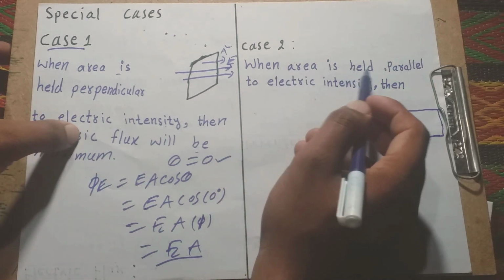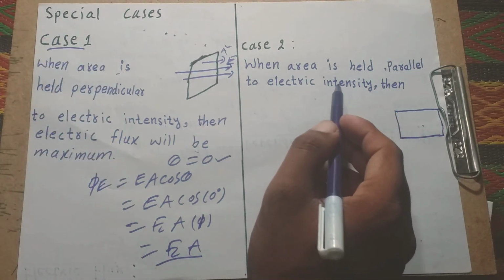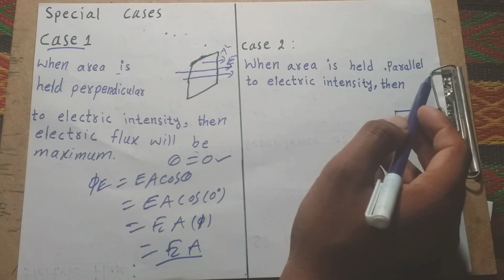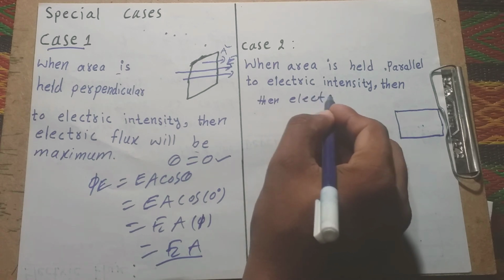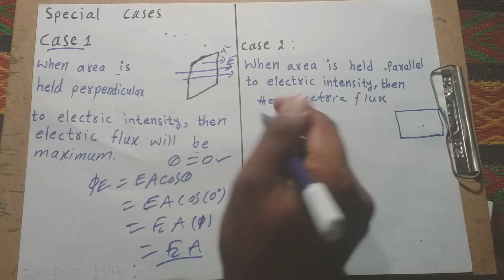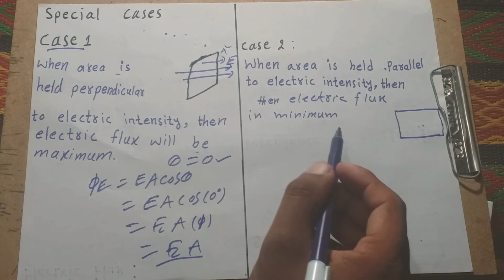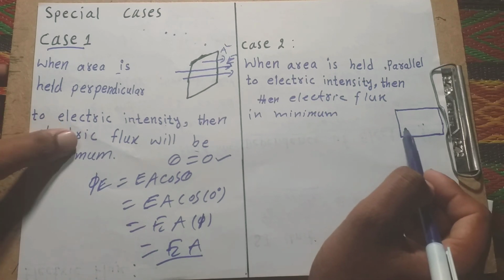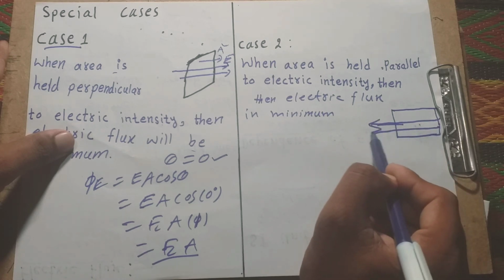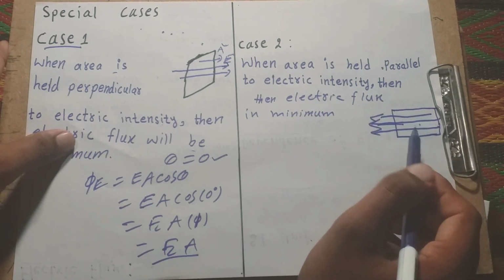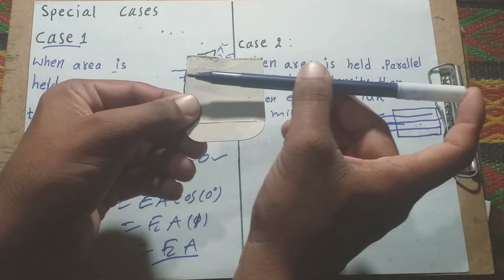Okay, when the area is held parallel to the electric intensity, then electric flux is minimum. This is the area parallel, and this is the electric intensity.